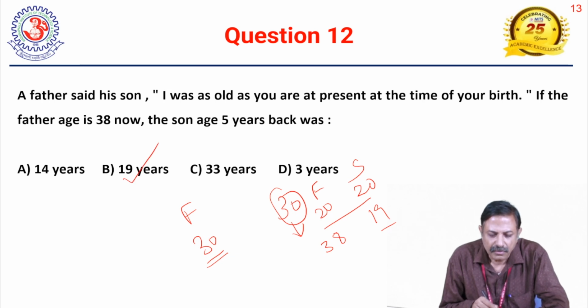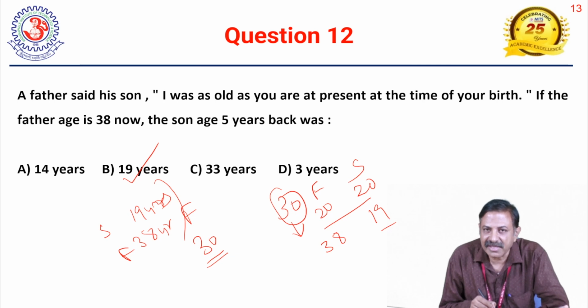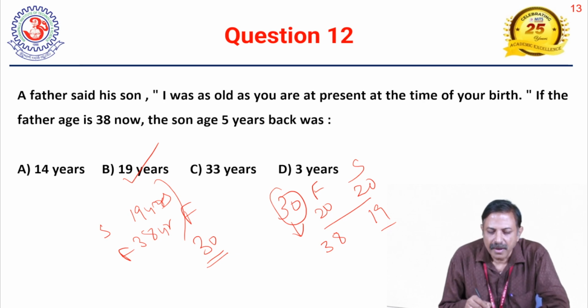Because if the son is now 19 years, the father will be definitely 38 years. That means the father was 19 years when the son was born. Now the father is 38, the son is 19.